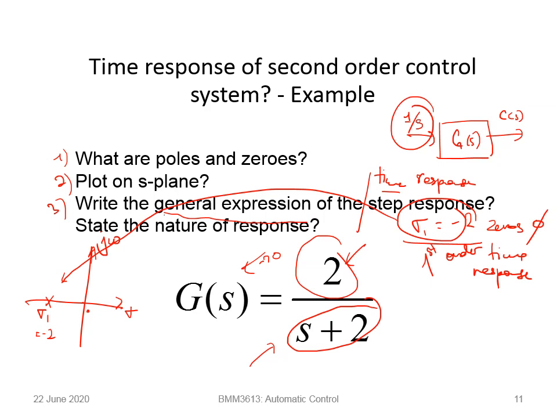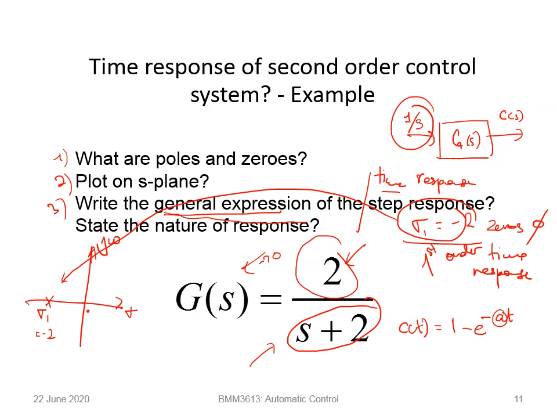So what is the general expression of the step response? This is a first order time response. You can go back to the lecture that we've seen during last week. The general solution for a first order time response will be c(t) equals 1 minus exponential minus At, with A being the pole.